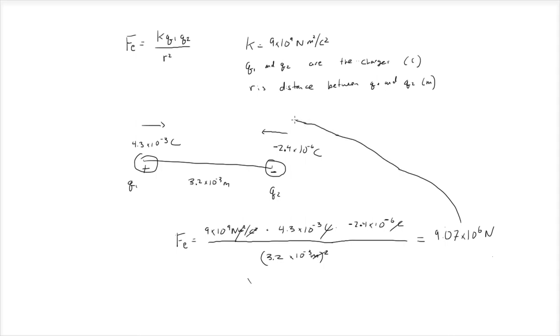Right, so that amount of force going that way. And also from a Newton's third law argument, you can say, well, if Q1 is attracted to Q2 with a force of 9.07 times 10 to the 6 newtons, then Q2 must be attracted to Q1 with the same force.